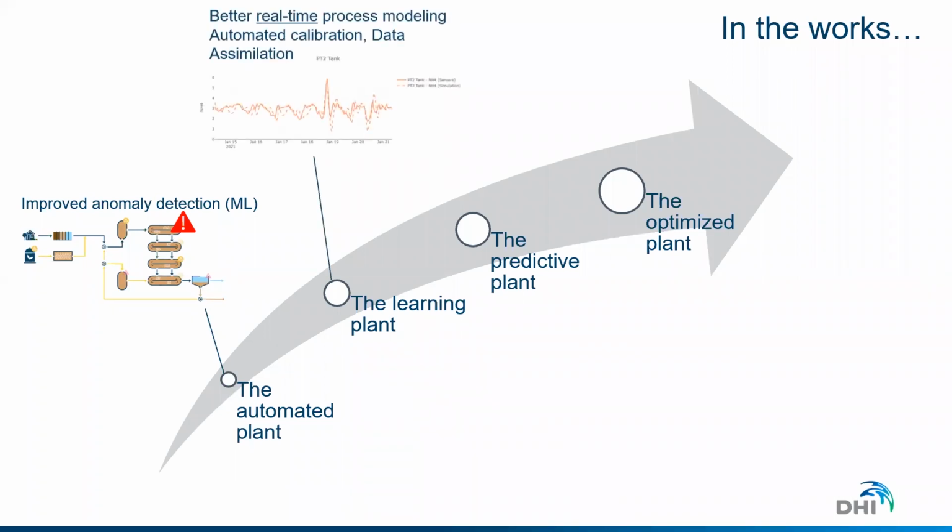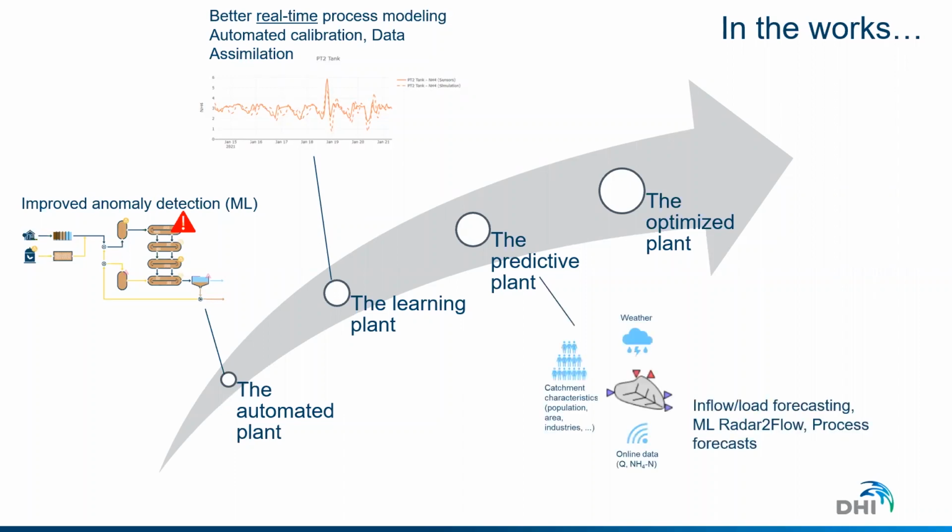We are working on a better real-time automated calibration process, so we can improve the predictive capabilities of the models. We are working with different types of inflow forecasting, also looking into how we can use machine learning to convert radar data into flows, for instance, but also looking into how we can do a better process model forecast. So how can we better forecast the processes that happen in the plant?